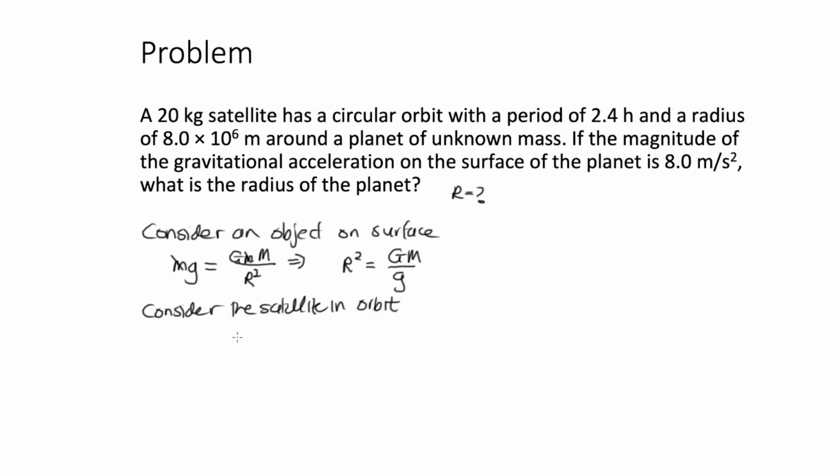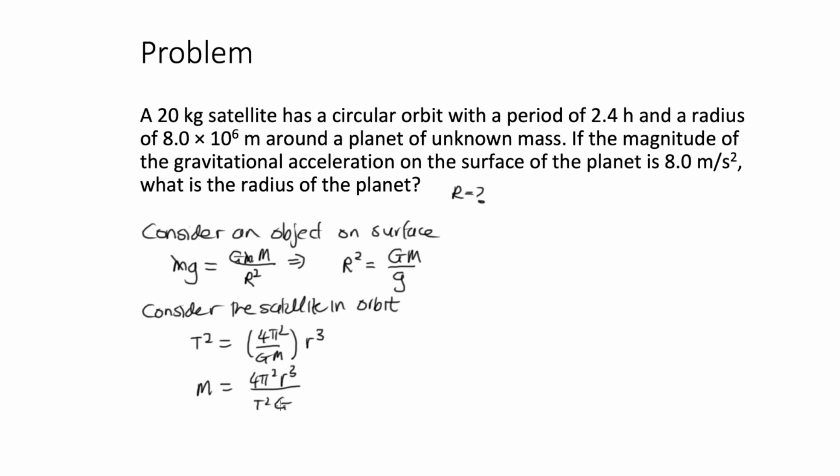And for the satellite in orbit, we know that it obeys Kepler's laws, and in particular Kepler's third law, which tells us that the period squared is equal to 4 pi squared on GM times R cubed. And so we can rearrange this to get an expression for M. So we can see M is equal to 4 pi squared R cubed divided by T squared G.